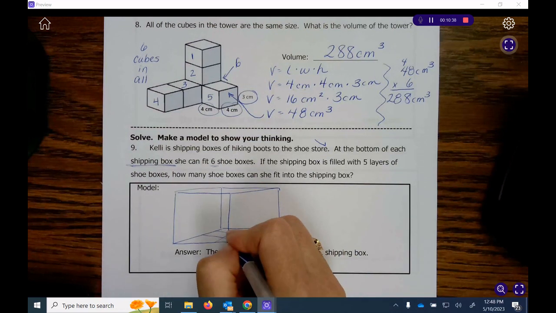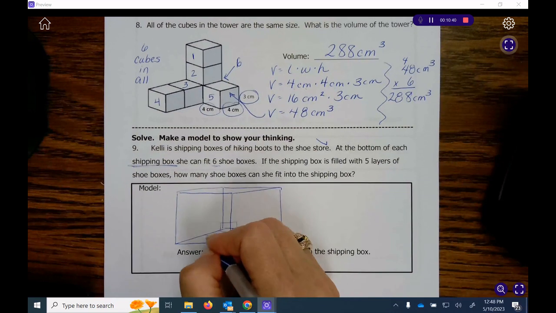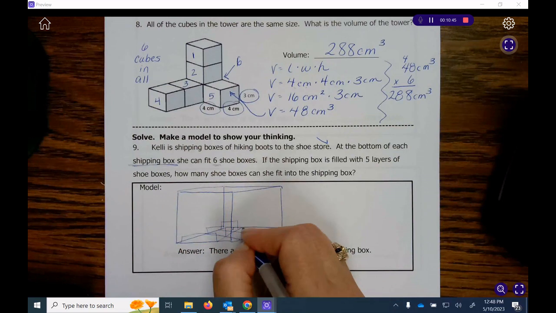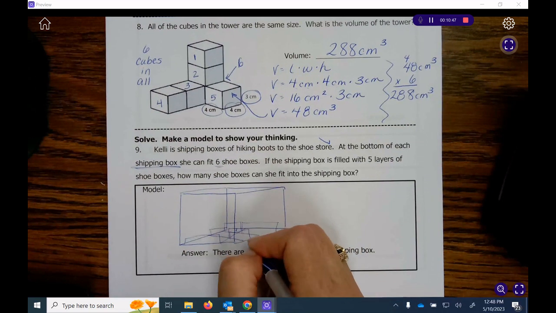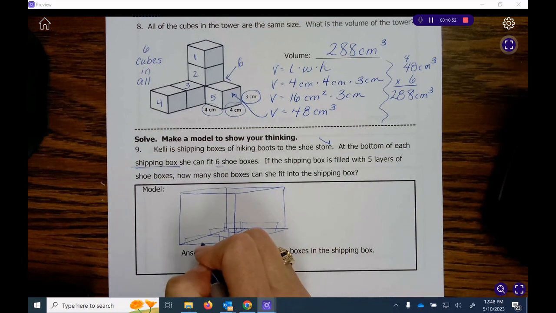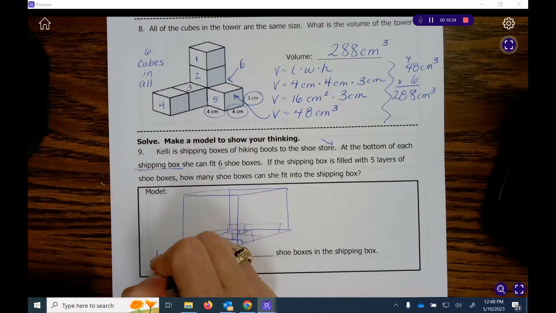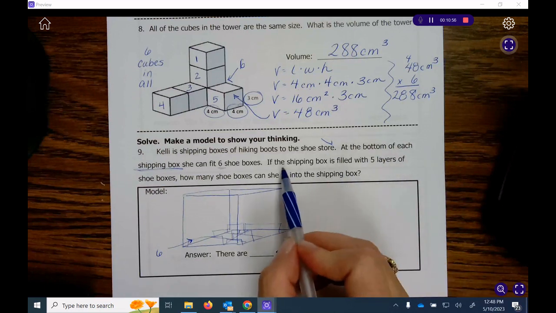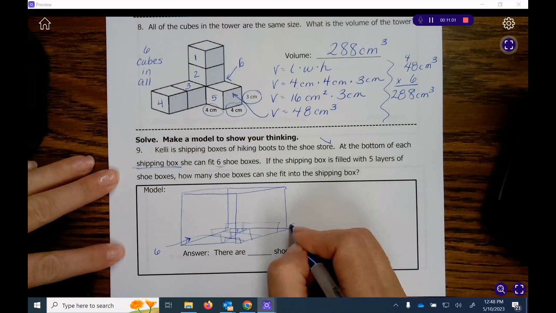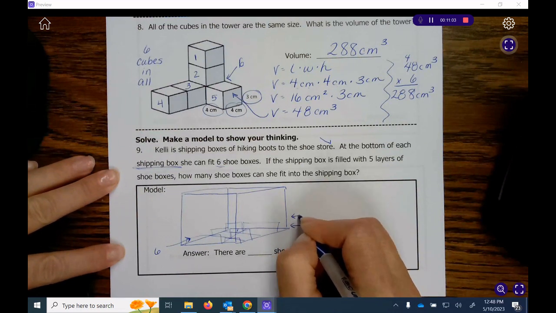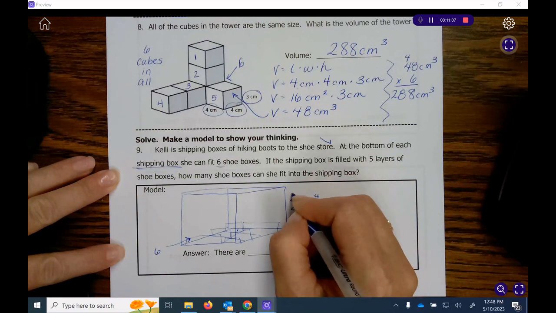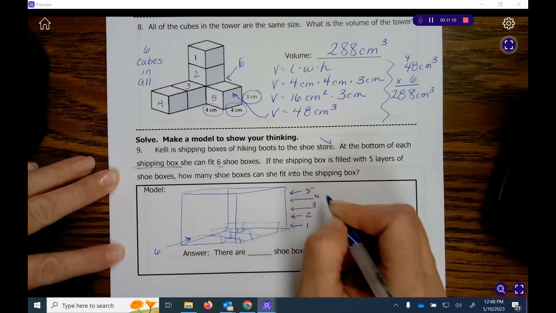Okay, so there's boxes 1, 2, 3, 4, 5, 6. So there's 6 boxes there. If the shipping box is filled with 5 layers of shoe boxes, so we've got layer 1, layer 2, layer 3, layer 4, layer 5.